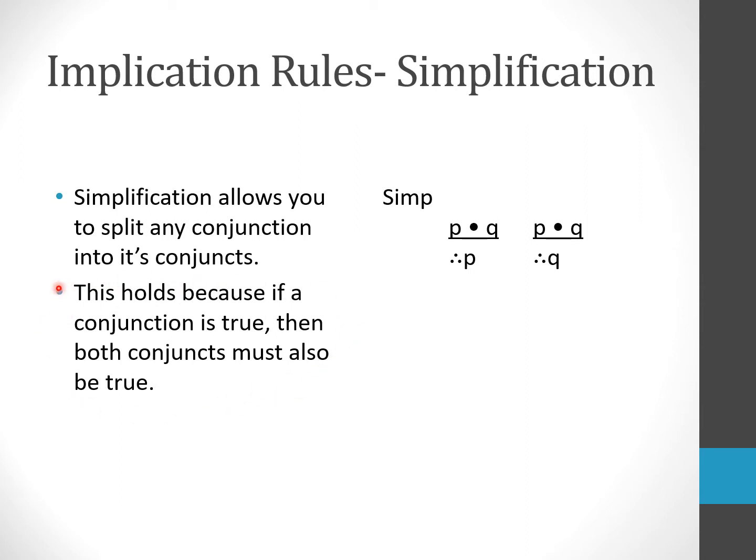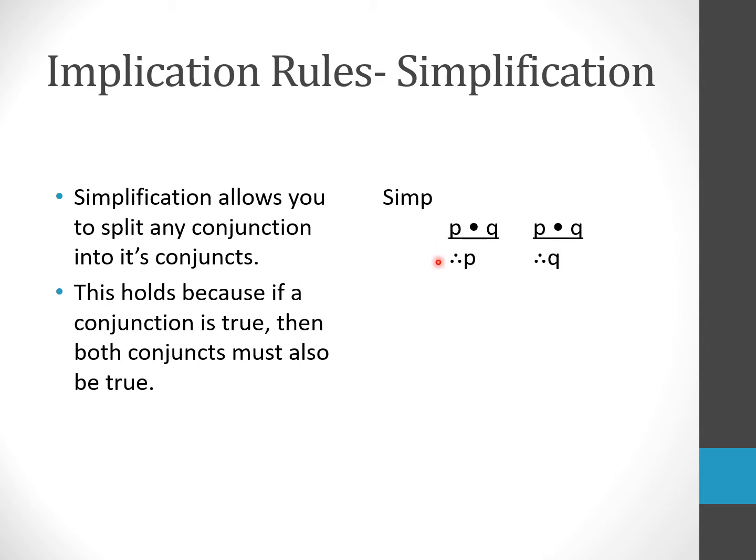So if we have a conjunction on its own line and we assume that that conjunction is true, the only way for that to be the case is if both conjuncts are true, right? That goes back to the truth table. So if both conjuncts are true, then they should be able to stand on their own, and that's exactly what simplification asserts. So whenever you have a conjunction, you can pull down P or you can pull down Q.